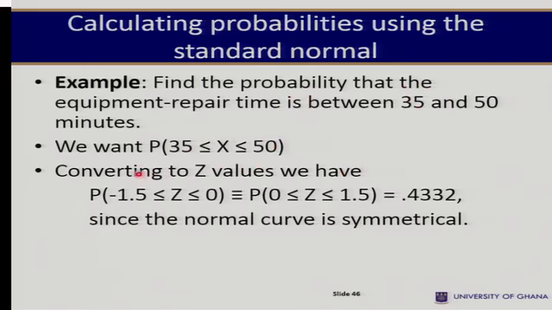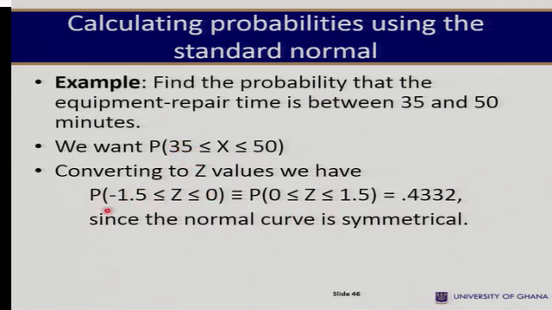When you convert this to the Z component, it is the probability that Z lies between minus 1.5 and 0, because the Z value corresponding to an X value of 35 is minus 1.5.